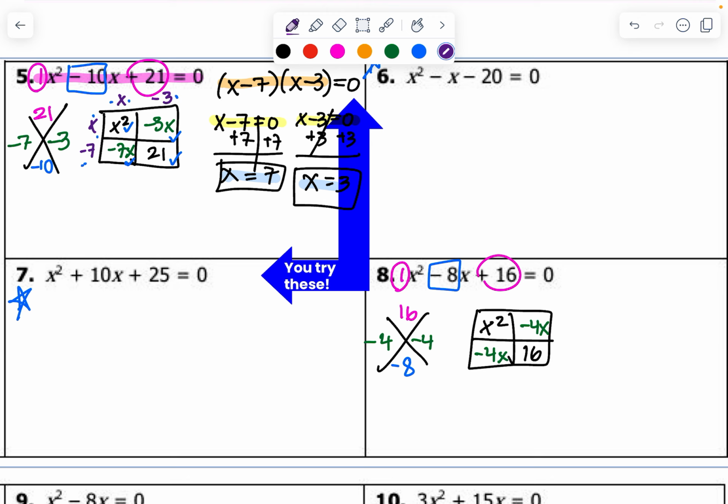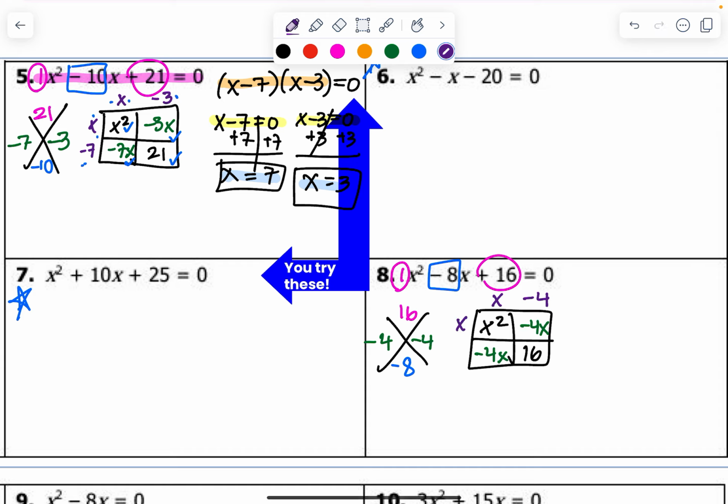And now I'm ready to take the greatest common factor out of all parts. GCF of x squared and negative 4x is x. GCF of negative 4x and 16 is going to be negative 4. You might be wondering why. The hint to tell if you're going to factor out a negative when it doesn't look like it is look back at the numbers you pulled out here. X squared and negative 4x is x.